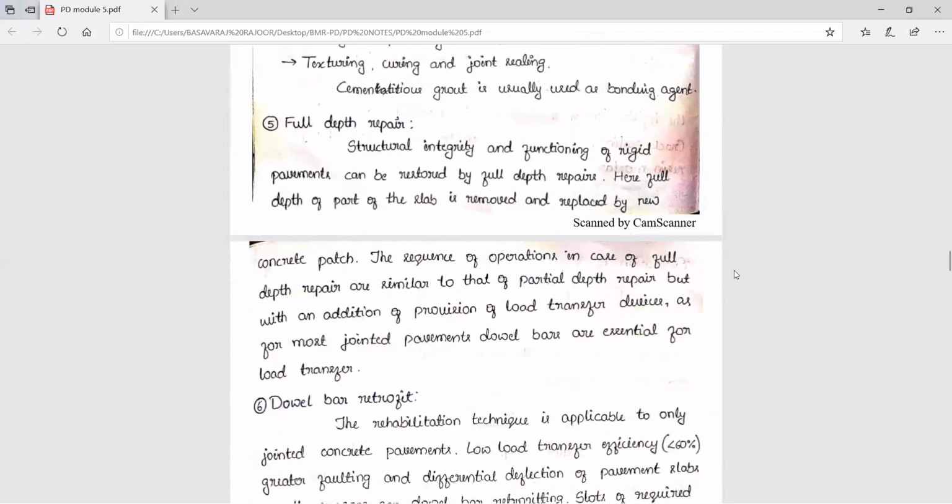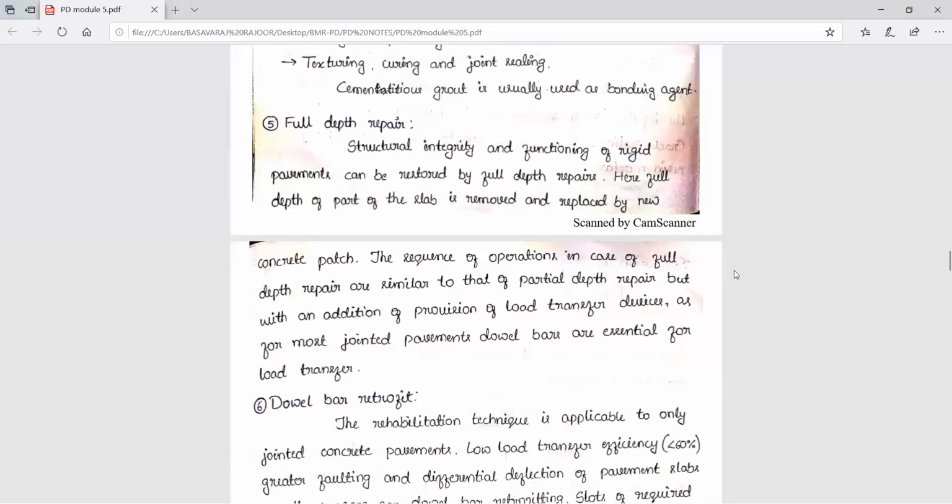Next one is full depth repair. Structural integrity and functioning of rigid pavements can be restored by full depth repairs. Here, full depth of part of the slab is removed and replaced by new concrete patch. The reasons for full depth repair are mentioned above.